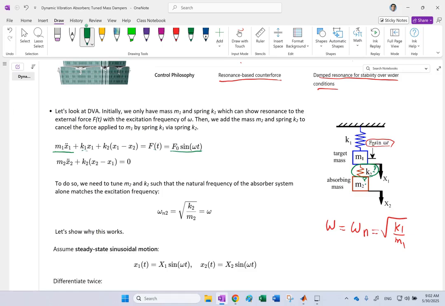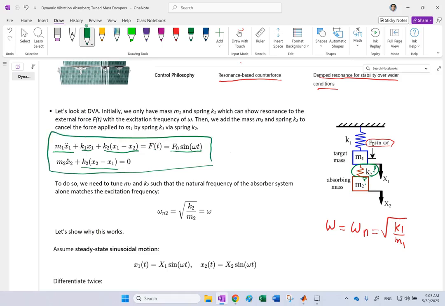Negative K1 X1, and then negative K2 times X1 minus X2. Okay, so if you have these two forces on the right side, they are negative, you bring them to the left side, they become positive. And then for object M2 it is just the spring force on the other side, and that's equal to its mass times acceleration. Okay, so these are the equations of motion for these two objects.